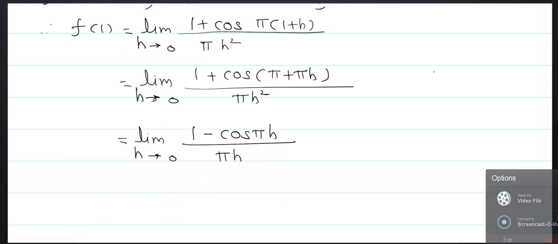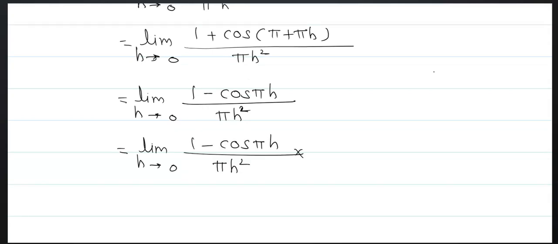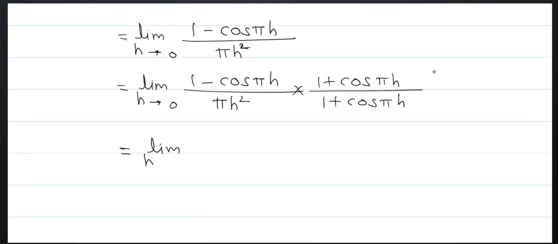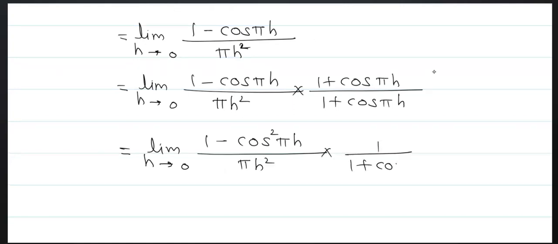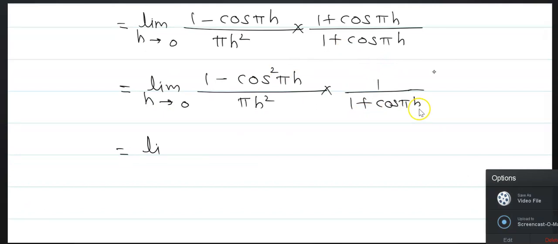Now see, this limit is again interesting. For 1 minus cos pi h, we will again rationalize it. Multiply numerator and denominator by 1 plus cos pi h upon 1 plus cos pi h. Then you will get (1 minus cos square pi h) upon pi h square into 1 upon (1 plus cos pi h).